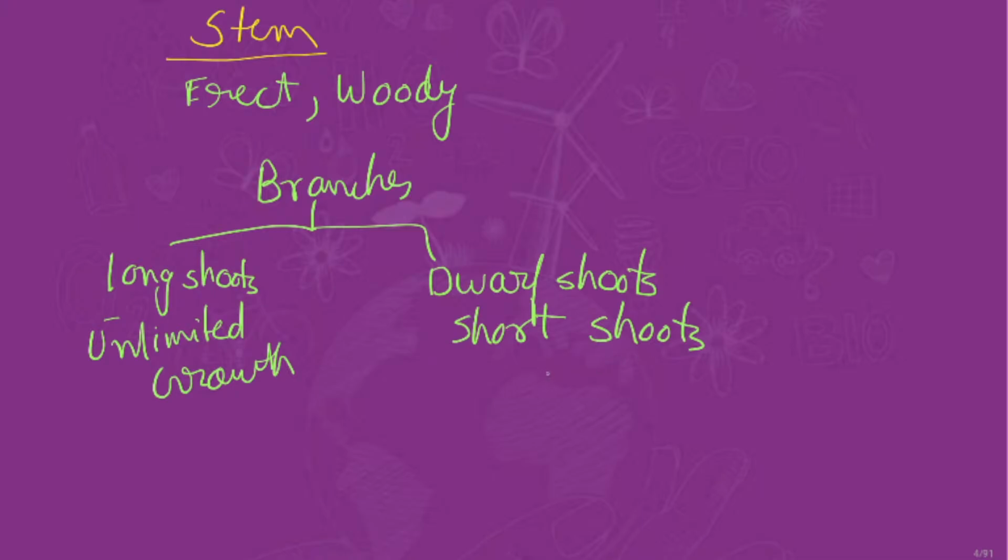Short shoots have limited growth. Also called brachyblasts or foliar spurs, they are borne on long shoots and arise in the axil of scale leaves.